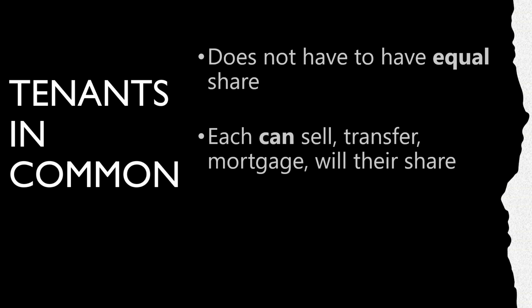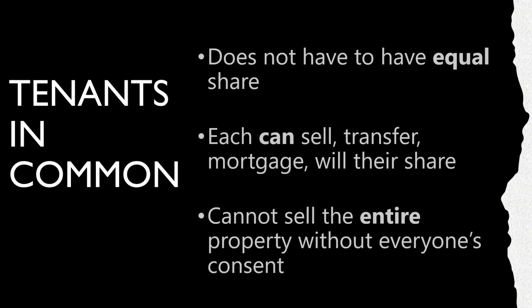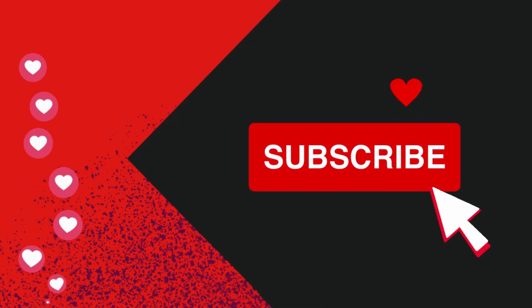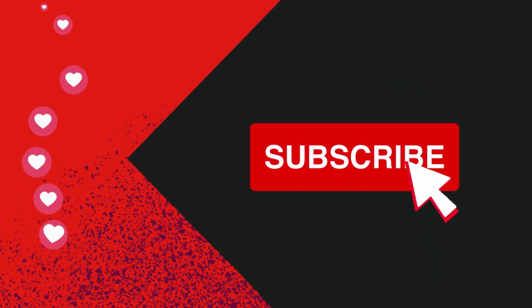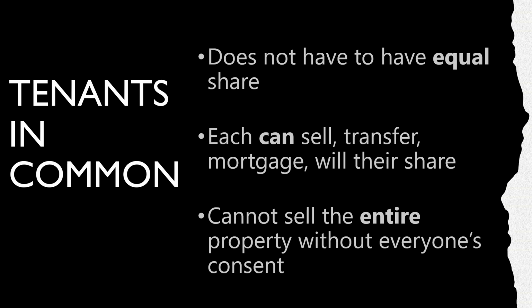I can sell my 60% to whomever I want, transfer it, get a mortgage, and definitely put it in my will. When I am no longer here, somebody is going to be able to get my share. However, we all have to agree when we want to sell the entire property.